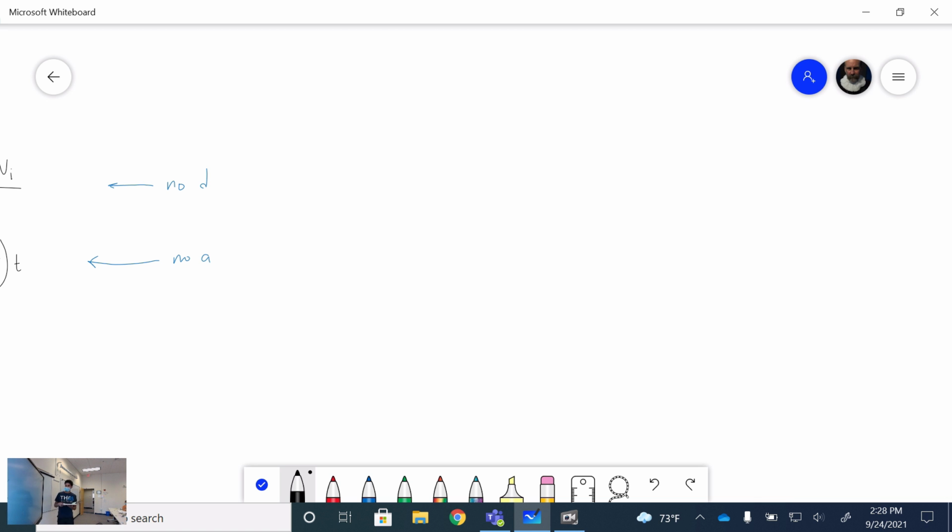Alright, so basically, we had the velocity time graph. So this would be VI, and then VF, and then T. It's pretty arbitrary, but we drew a line, and that would be the acceleration.